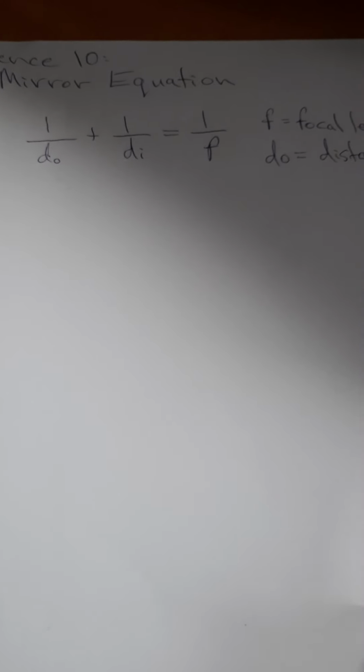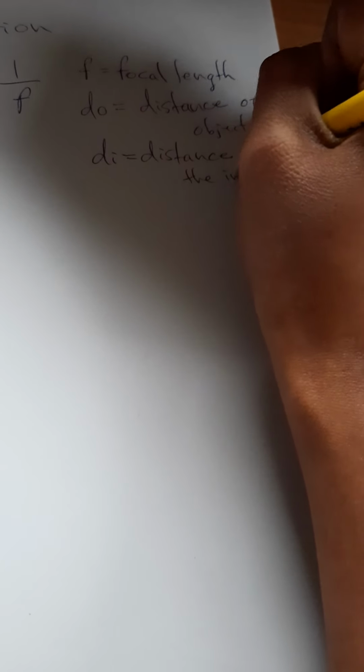And lastly, we have di, which is going to be the distance of the image. One more time, this is the distance of the image from the mirror.